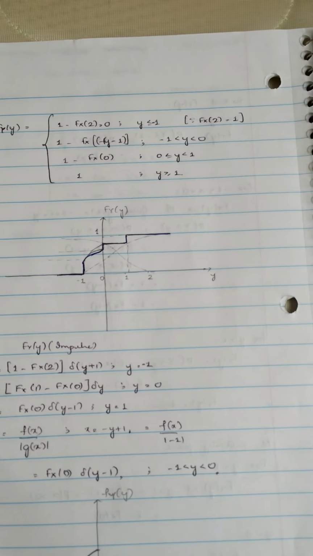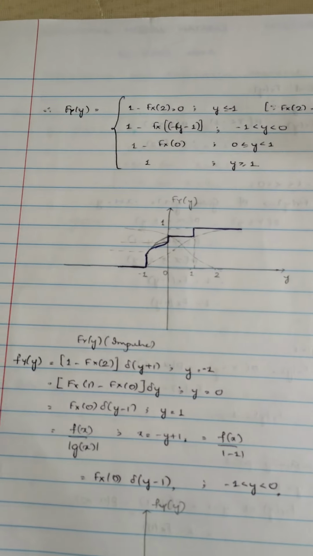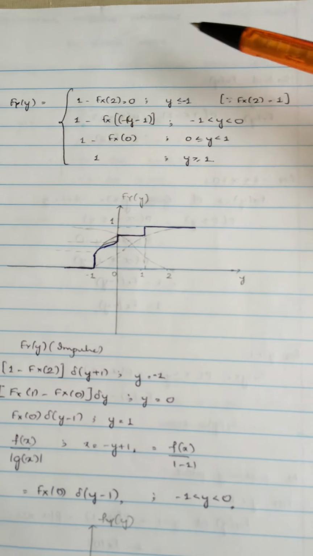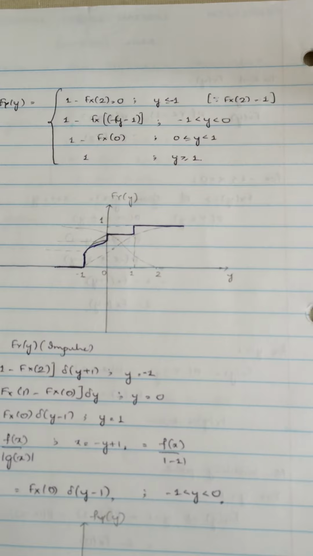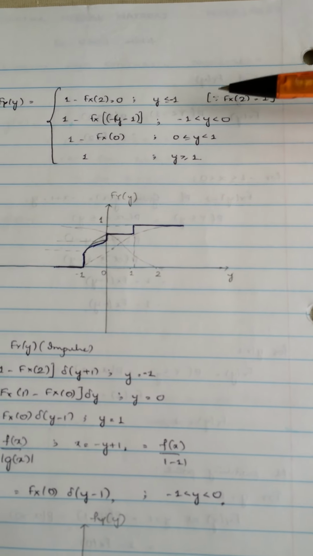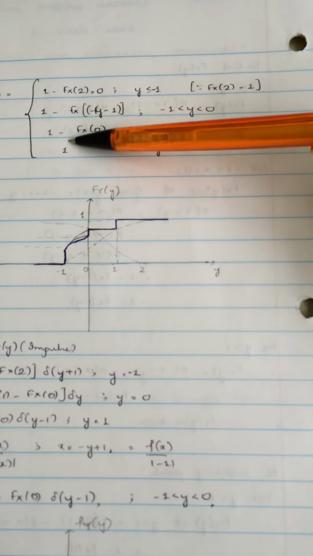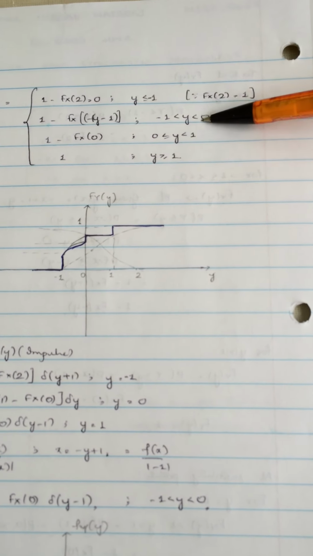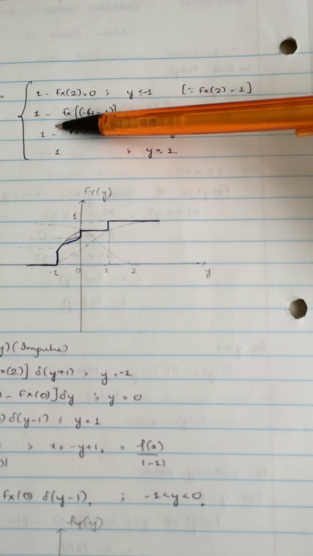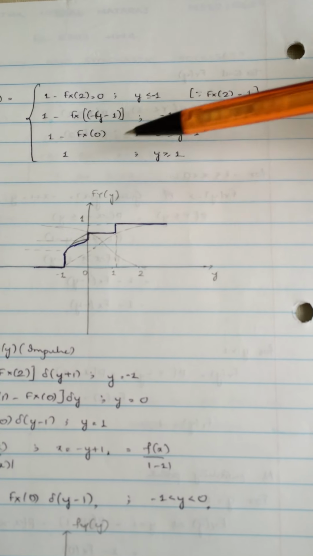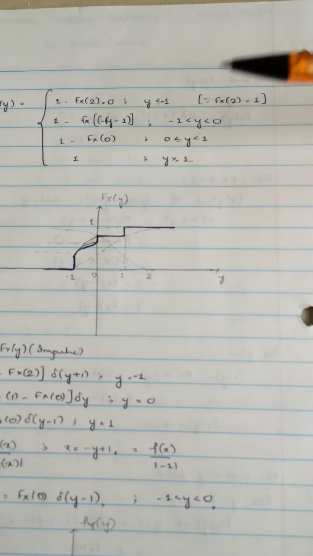Based on all the various intervals that we have calculated, we can jot down F_Y of y as 1 minus capital F_X of 2 for y less than minus 1, which comes to 0 because F_X of 2 is 1. Then 1 minus F_X of 1 minus y for the interval minus 1 to 0, 1 minus F_X of 0 for the interval 0 to 1, and 1 for y greater than 1.